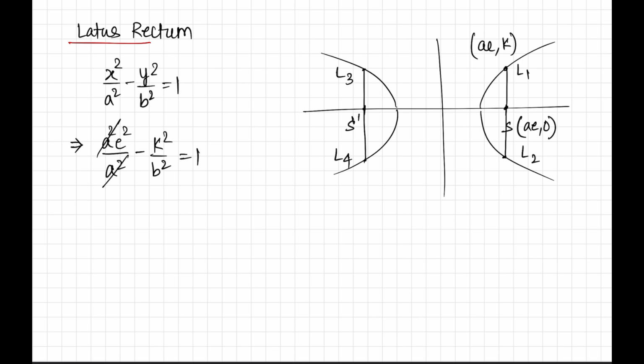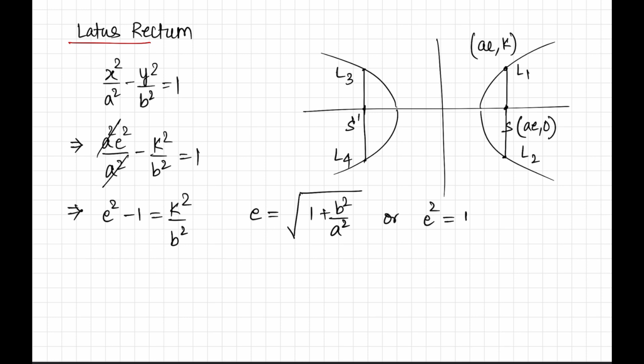Clearly a square gets cancelled out, and what we have is e square minus 1 is equal to k square upon b square. Now, since in the case of hyperbola, eccentricity e is given by under root of 1 plus b square by a square, if we square both sides, we have e square is equal to 1 plus b square by a square, and that gives us e square minus 1 is equal to b square by a square.